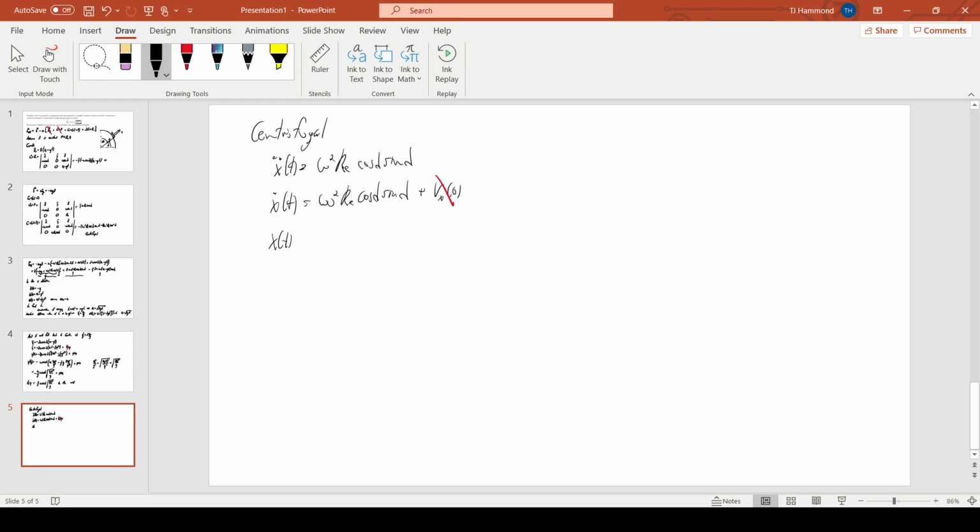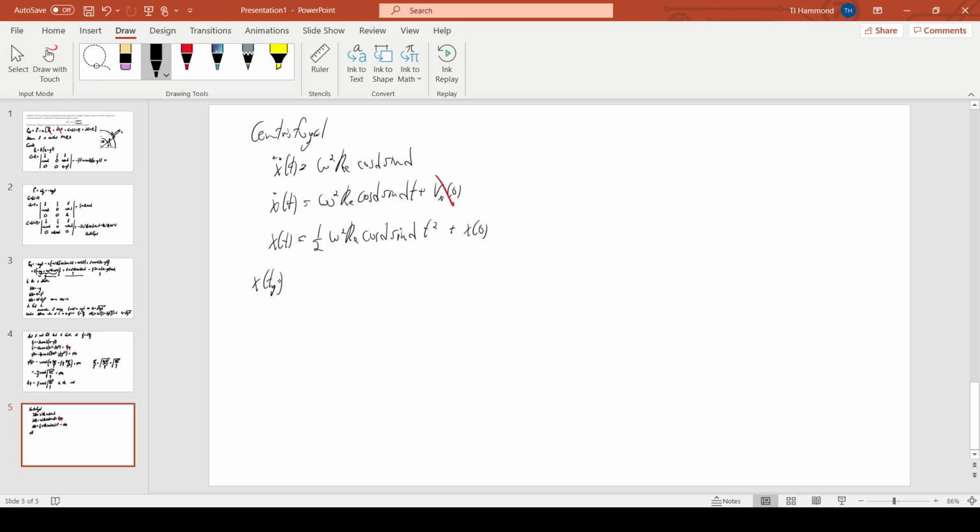And so x of t in general is going to be 1/2 omega squared times the radius of the Earth. Oh, I forgot the t here. Times cosine lambda sine lambda t squared plus whatever this initial position was. So we do the same thing.